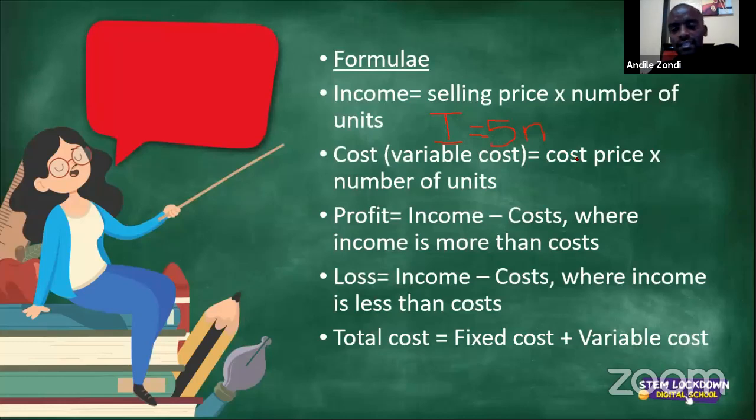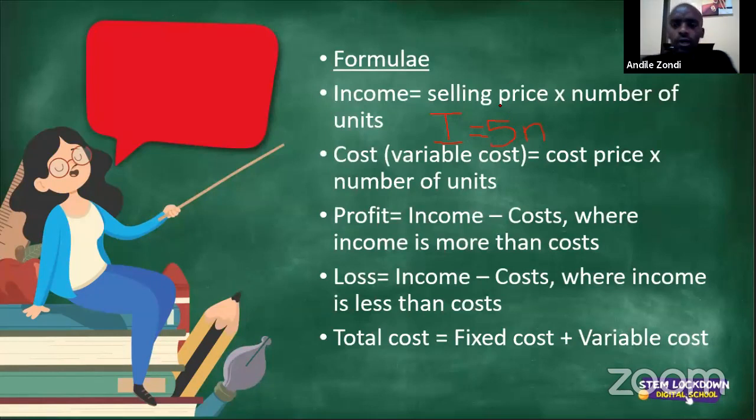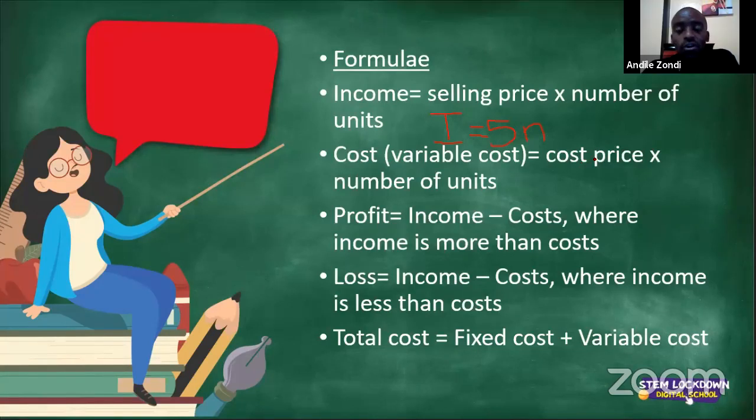Cost is the cost price times the number of items. In yesterday's lesson, we spoke about selling price and cost price. Selling price is the price at which you sell your item, and cost price is the price at which it costs you to buy or to make an item.